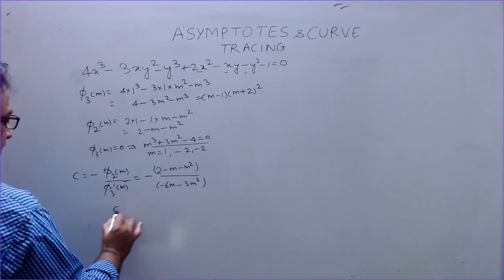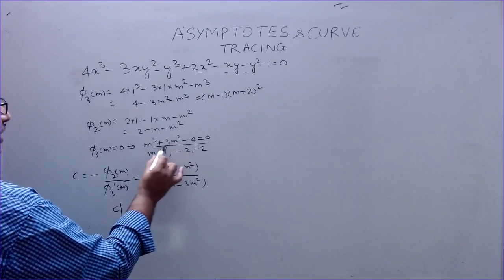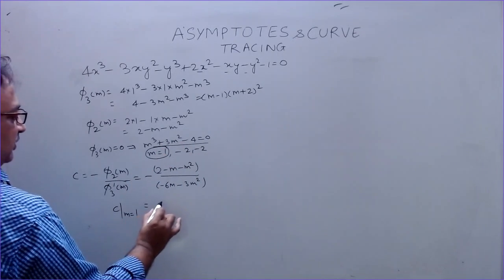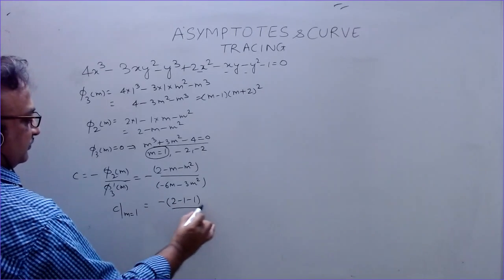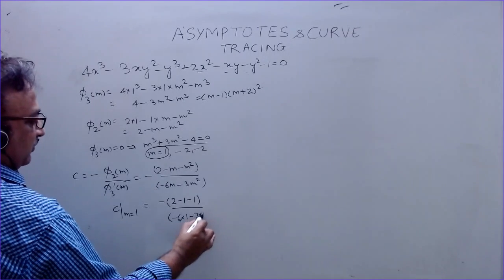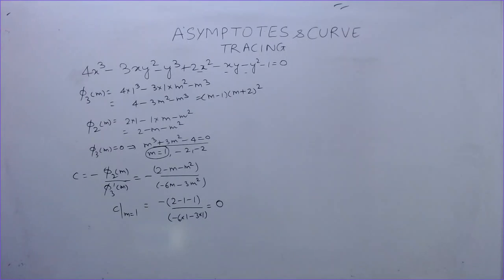So c for the first value, which is distinct, m equal to 1: you put the value here. So this is minus 2 minus 1 divided by minus 6 into 1 minus 3 into 1. So this is 0. So for the first one, we are getting c equal to 0.